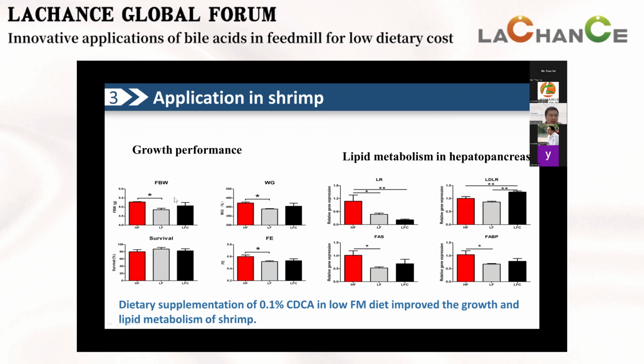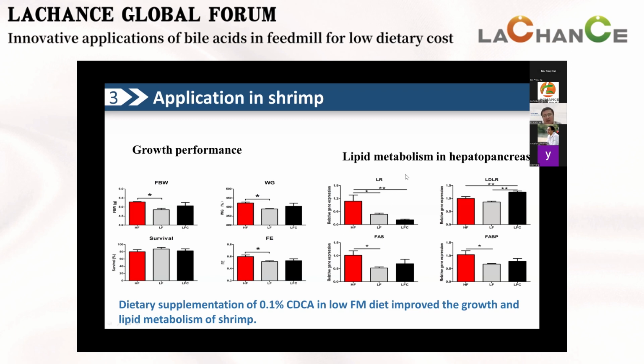We can see that the growth performance of the shrimp was improved after we added the bile acids in the low fish meal diet. We can see from the final body weight and the weight gain, and also the feed efficiency was increased after the dietary supplementation of the bile acids.